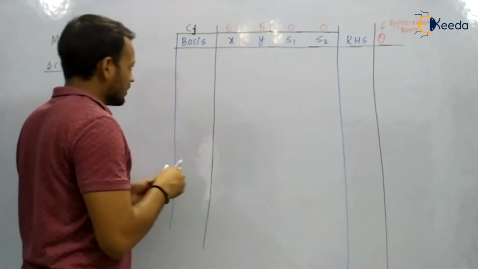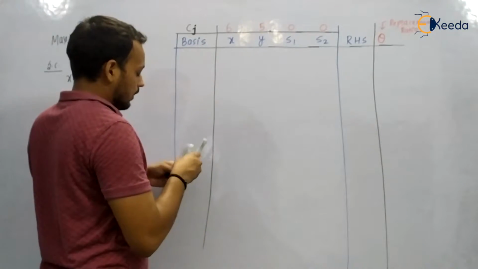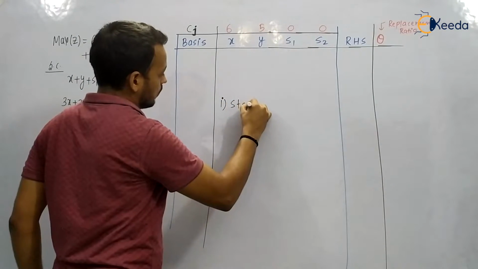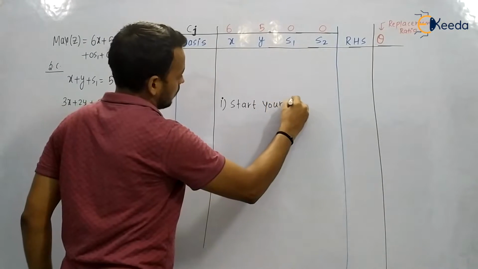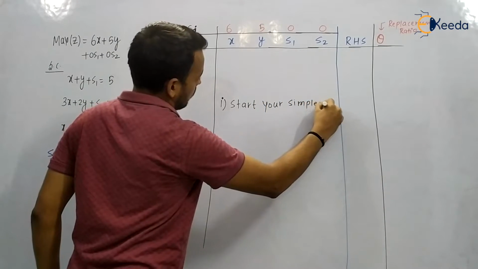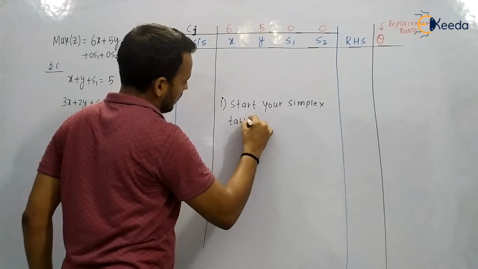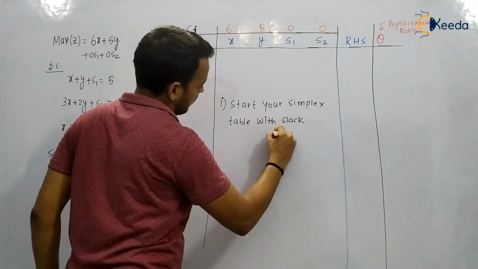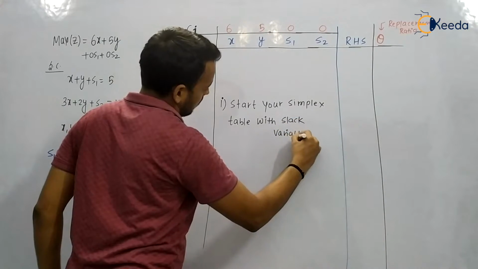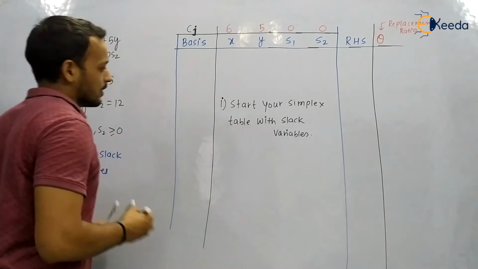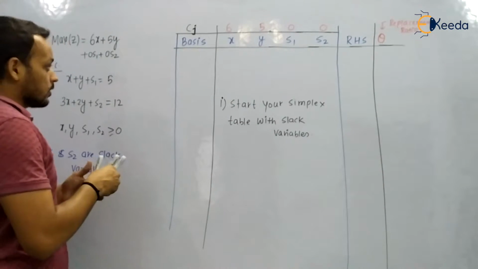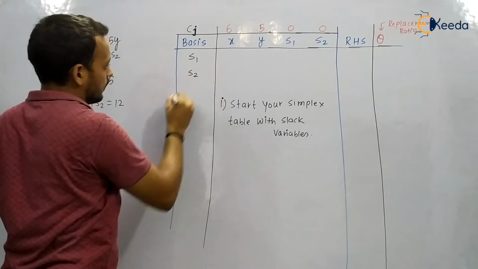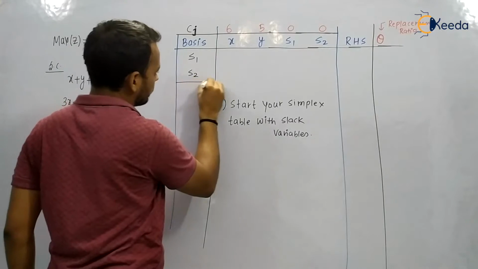So just write it in your notebook. Which are the slack variables? S1 and S2. So just write S1 and S2 here.